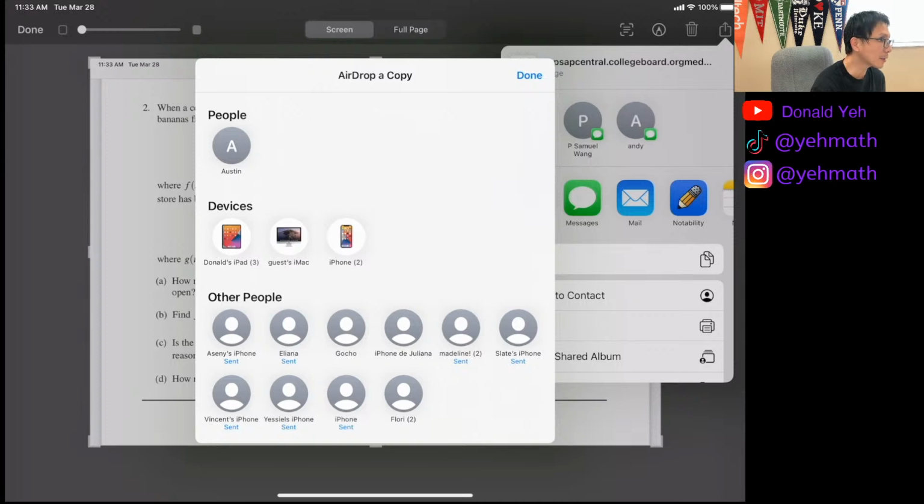Wait, Austin, what did you get on SAT math? Like 680, 690?